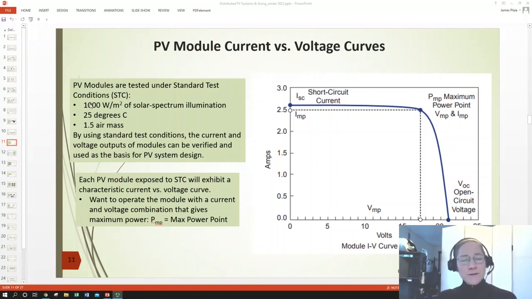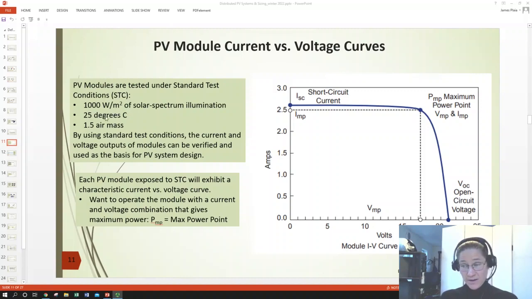So most important, standard test conditions, standard illumination. We're going to give the panel the same number of photons per unit area per unit time. And this is solar matched illumination. So STC illumination is 1,000 watts per square meter of solar spectrum intensity frequency response.